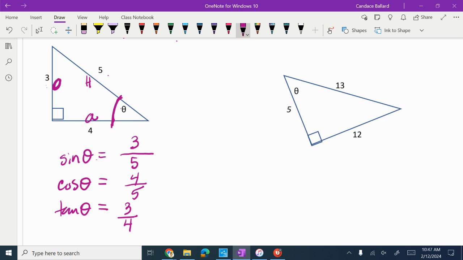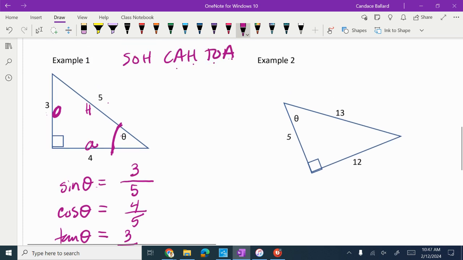I want you to look at number 2. All I want you to do with number 2, notice your reference angle is up here, is just label the parts of the triangle. We're not doing sine, cosine, or tangent yet. Just label the parts. I want to make sure you got that right. Start with the one across from the 90.